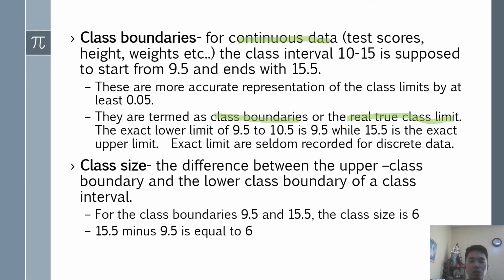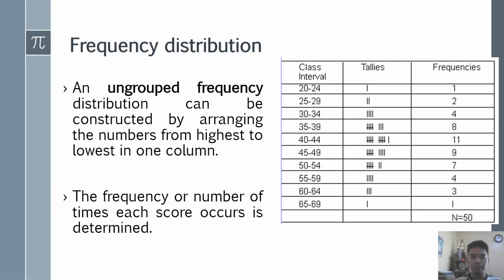We just need to subtract 9.5 from 15.5, and this will give you a value of 6. Please do not forget the different terminologies that I presented a while ago: the class limit, the interval, and the class size.